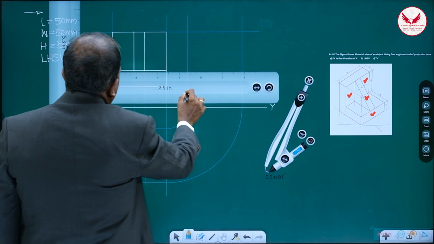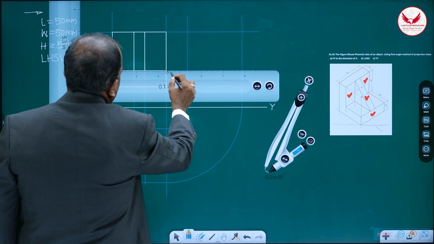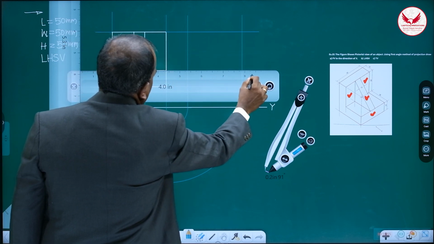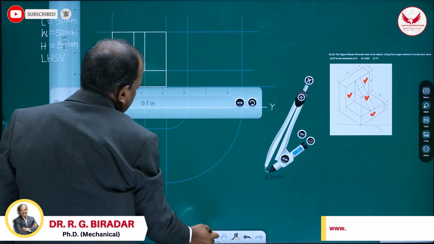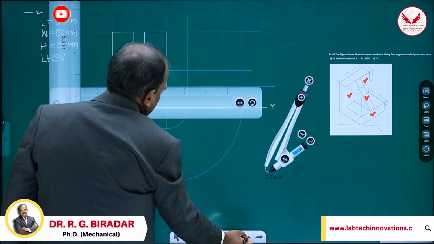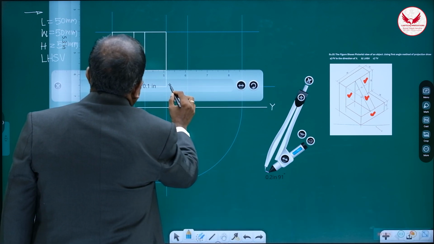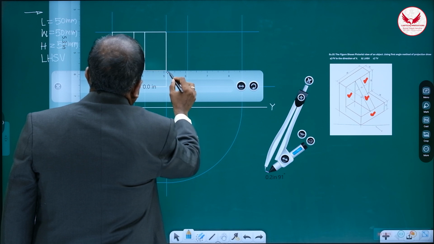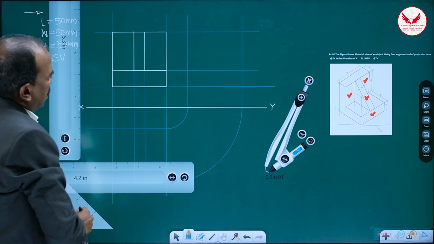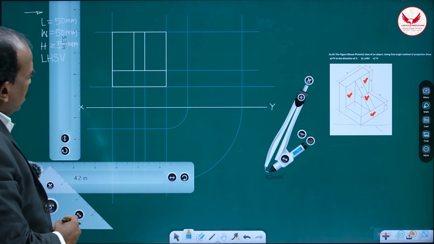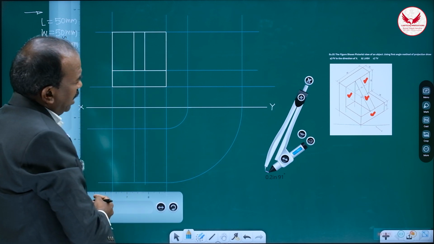Then if any line is horizontal in the front view, then from that draw the horizontal line. It will be useful in the side view, like this. This is in the side view. Such lines will be helpful for us to draw the front view and side view.